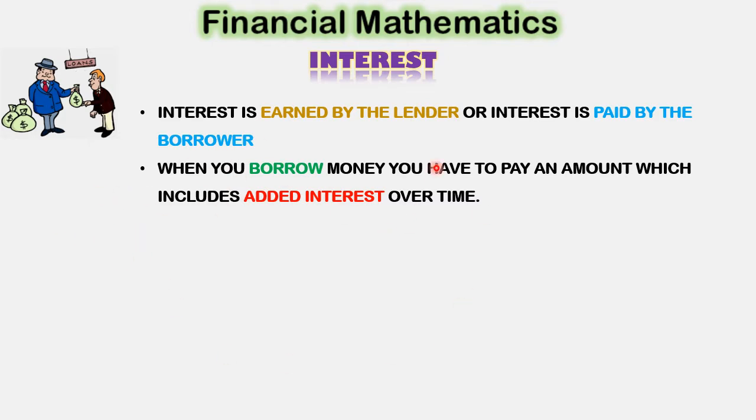So when you borrow money, you have to pay an amount which will also include the interest, the money that you are losing as a borrower, the money that the lender is gaining from you over a particular period of time. So time is also important, the period, to say how long you are going to loan the money, how long you are requesting me to lend you the money.